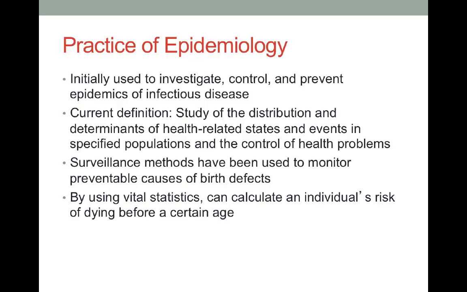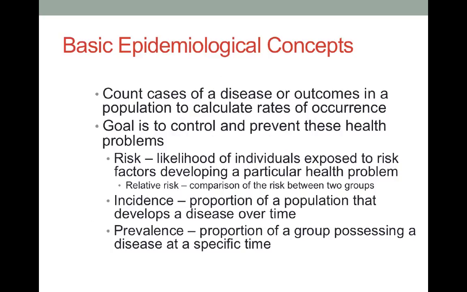By using vital statistics based on data that we can easily collect, we can calculate an individual's risk of dying before a certain age. So obviously we can use these kinds of statistics to estimate and monitor disease rates, and one of the most common ways to do so is to determine the incidence and prevalence of a disease, which are two of the most basic epidemiological concepts.